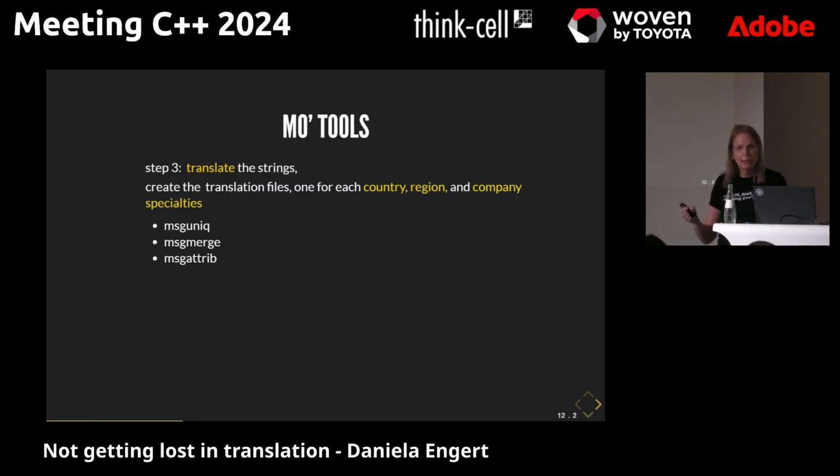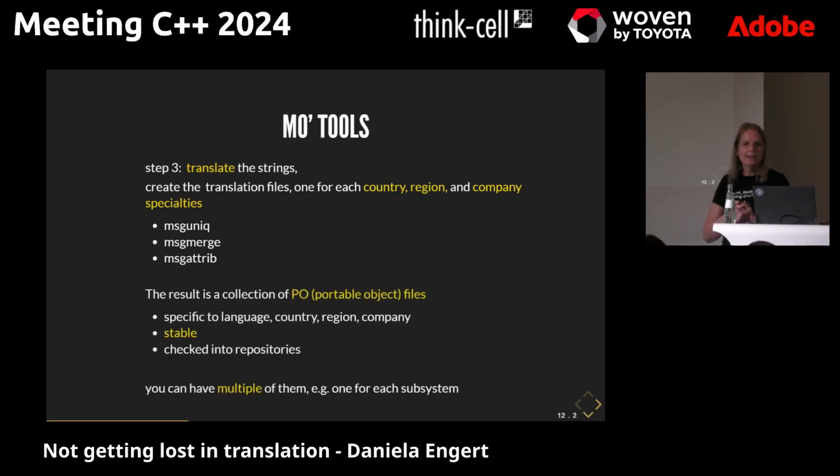We had customers where a particular target company was asking for a particular translation. And you have a couple of tools to do that, and in the end you get something called a portable object file, and this is actually stable. So you get one of these files for every country, region, customer, and possibly subsystem of your code. And these are similar to the sources of a program, and you put them into the repository.